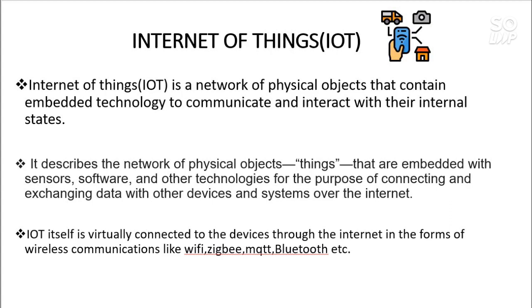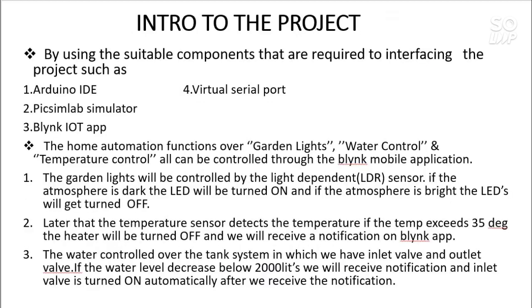For wireless, we have examples like Zigbee, Wi-Fi, and Bluetooth, and we can interface them with things like fans or water controls, which are basic examples of the Internet of Things, used for connecting and interacting with the internal states of things.